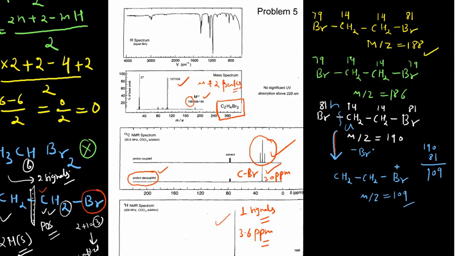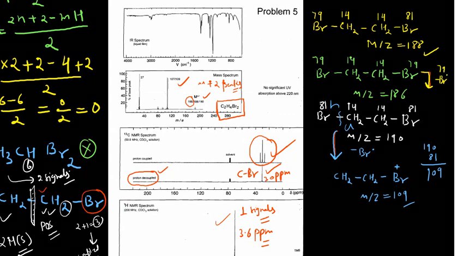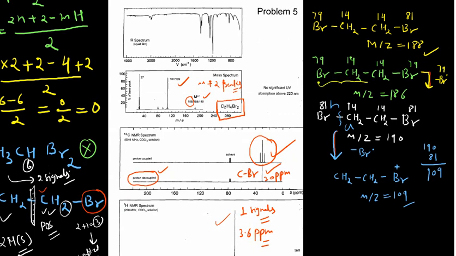Similarly, if you take this particular fragment here, the 79 one, and you remove the Br 79 radical from here, then what are you left with? You are left with this particular fragment, and this fragment is 79 plus 14 plus 14.